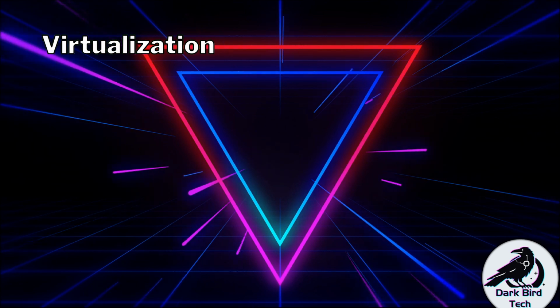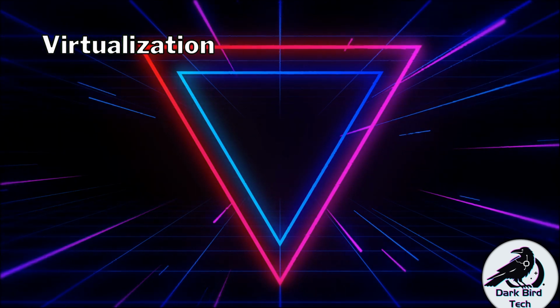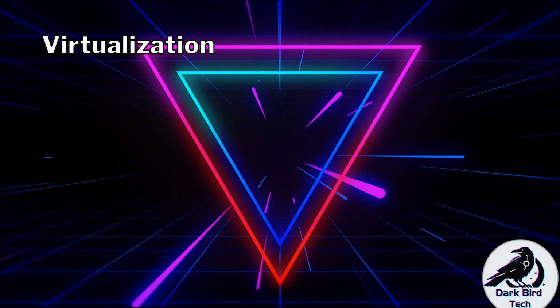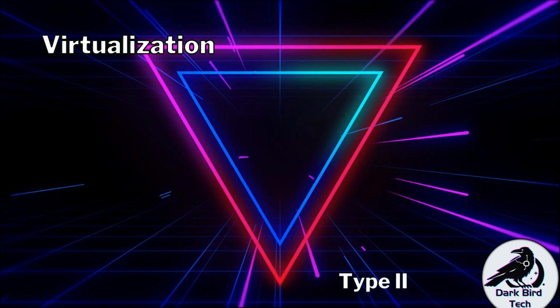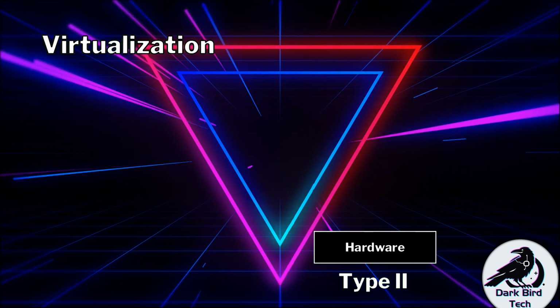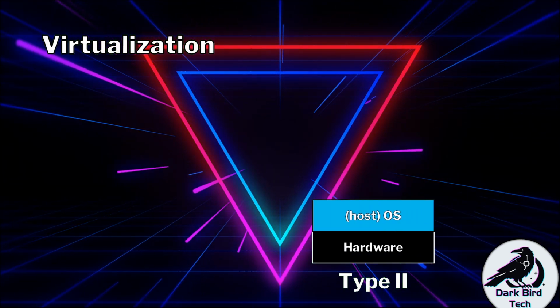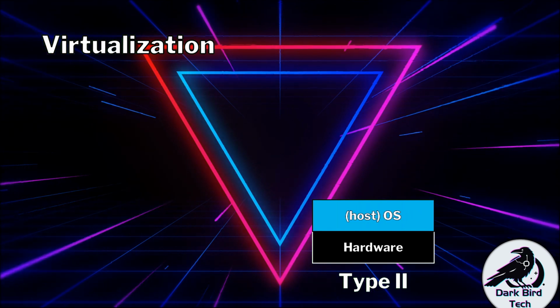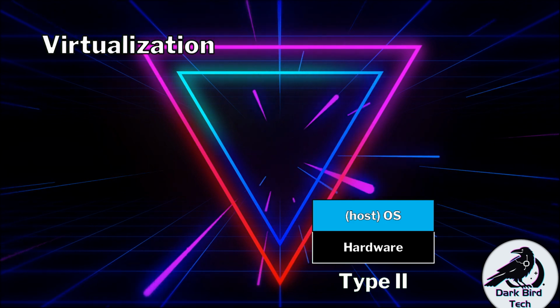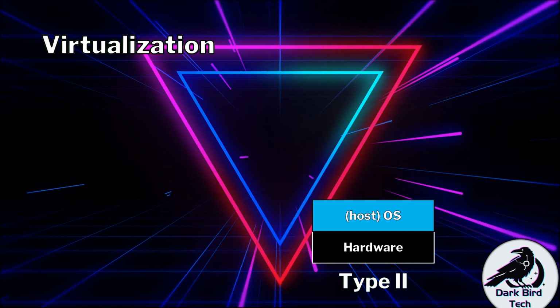Now, to do virtualization, you need something called a hypervisor. And there are two main types of hypervisor. The first one I want to introduce you to is the Type 2 hypervisor. With the Type 2 hypervisor, you have your computer hardware, you have an operating system installed upon it that we're going to call the host operating system, as it's going to host the virtual machines and their guest operating systems within them.